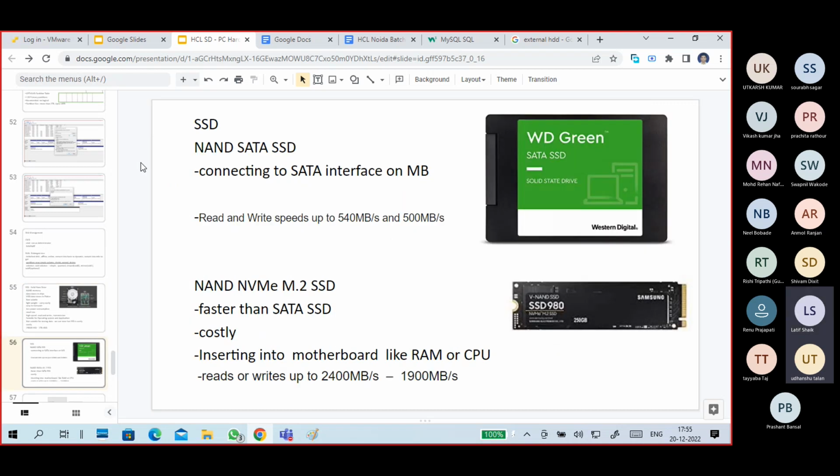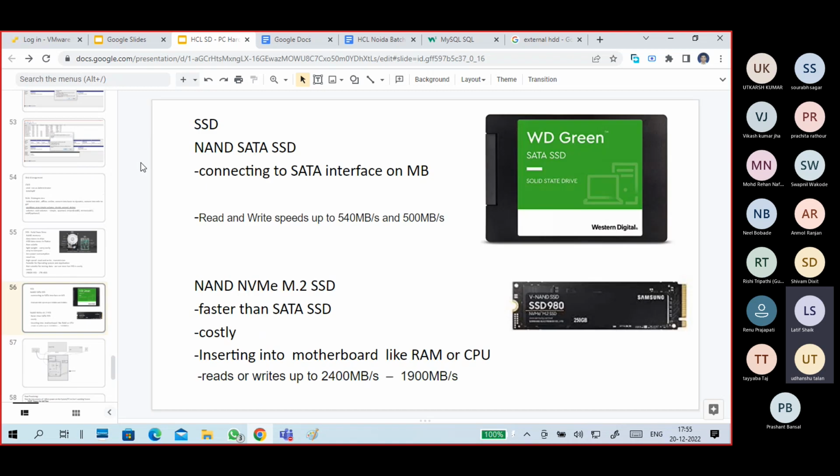Finally, in the SSD, there are two types of SSDs. One is the SATA interface SSD, and another one is the NVMe M.2 SSD. Just like how you connect your hard disk to your motherboard, in the same way you can connect a SATA interface SSD.